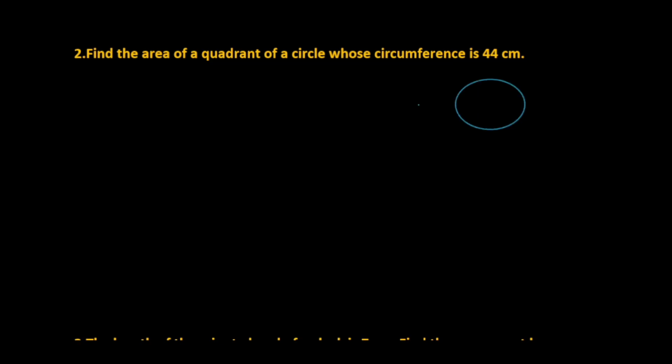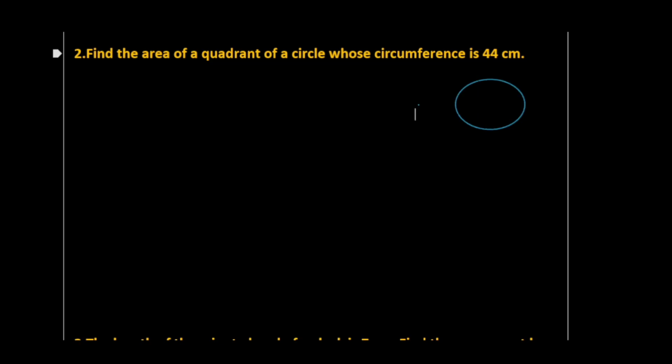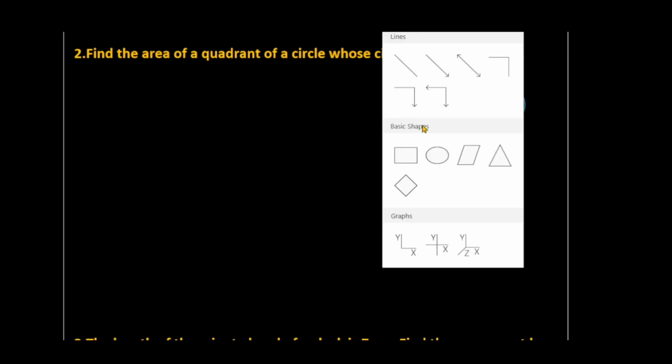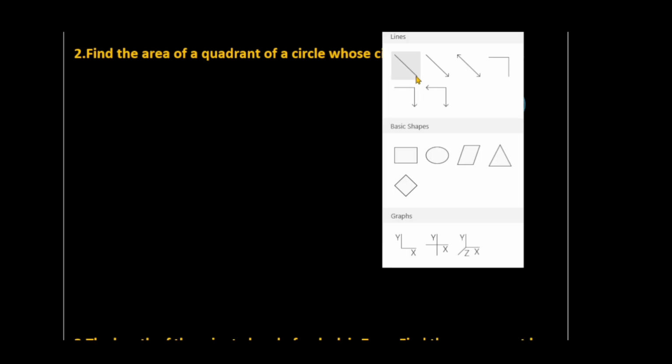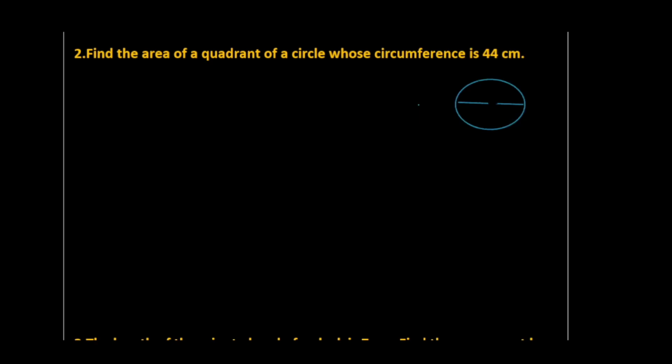In this circle, if we are drawing two diameters, this is one diameter, the diameter will divide the circle into 4 quadrants. Quarter part of a circle is nothing but quadrant. So here you can see 4 quadrants.